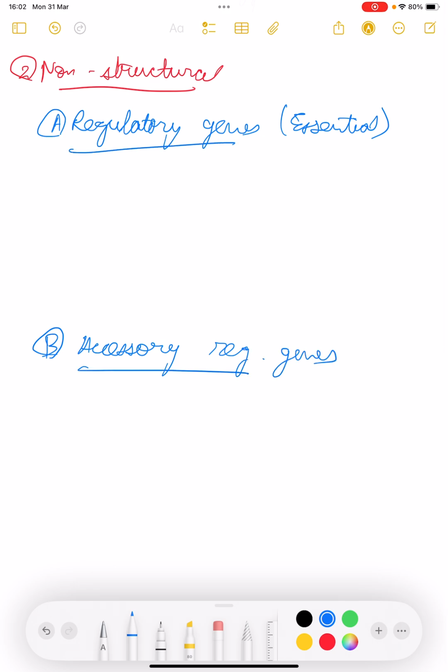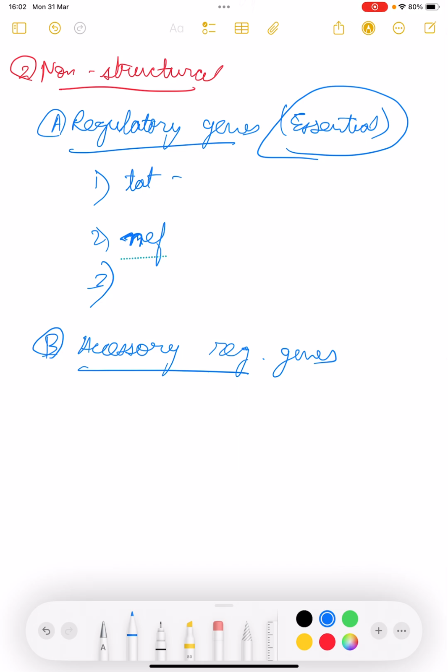So in the essential regulatory genes, we have TAT, NEF, and REV.